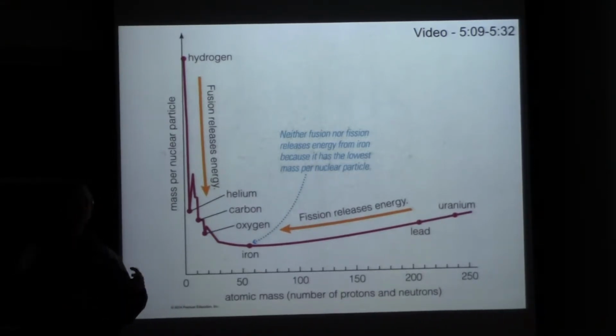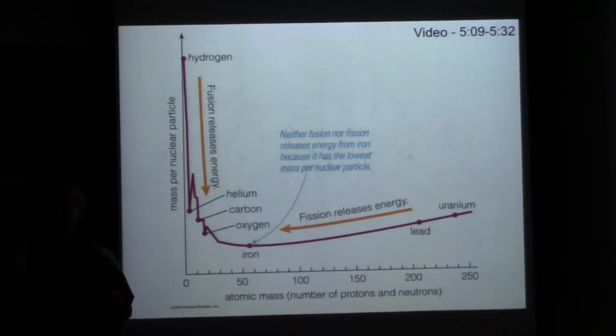So unlike when you fuse hydrogen into helium, where a helium nucleus has less mass than the 4 protons that fuse to make it, or if you fuse helium into carbon, where carbon-12 has less mass than 3 helium nuclei does, and so forth. In all of those cases, you are converting mass into energy with each nuclear reaction.